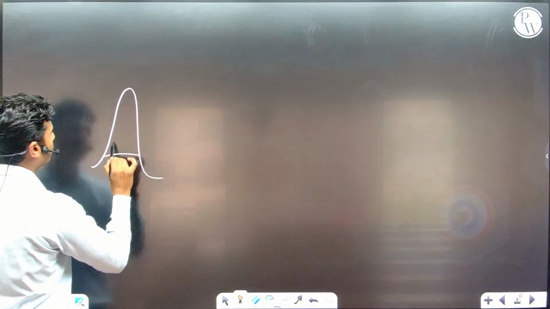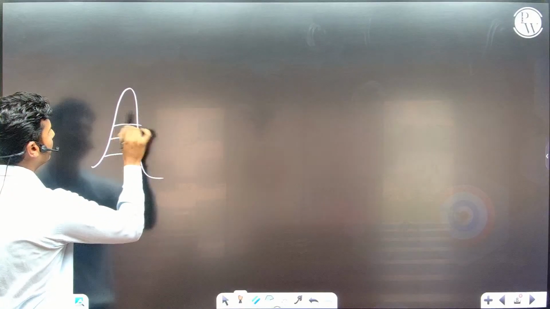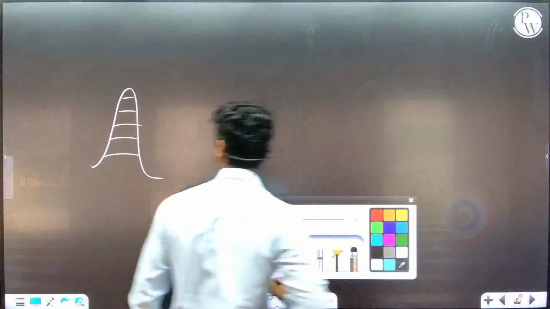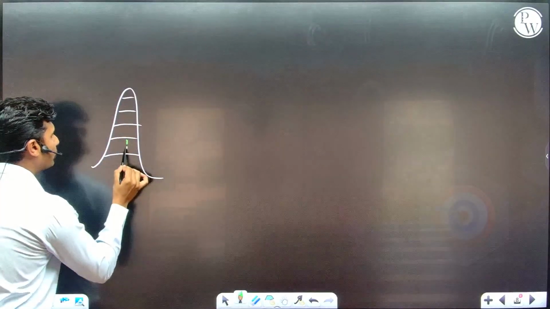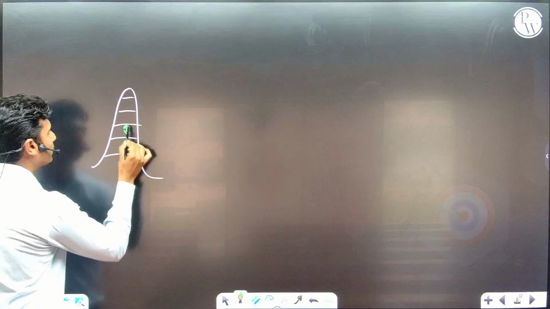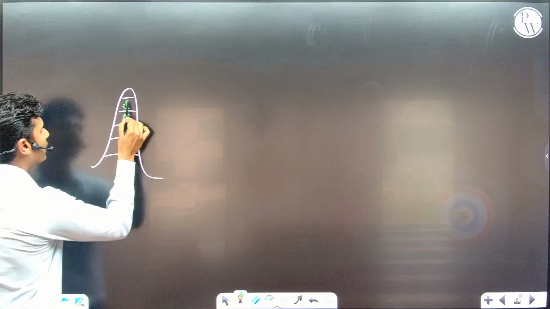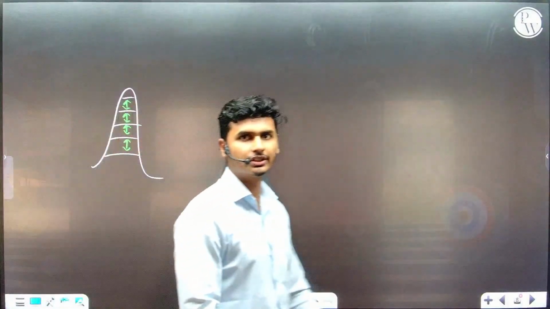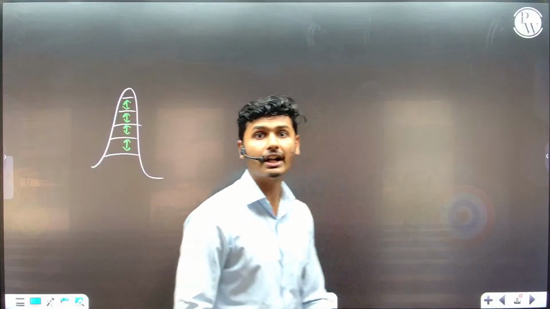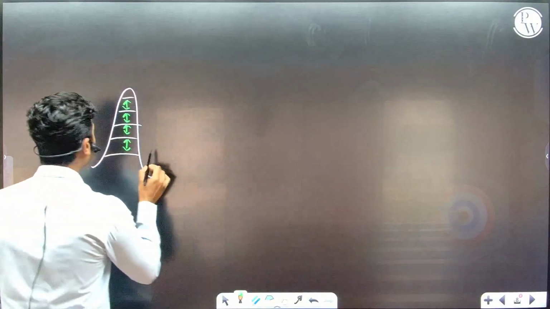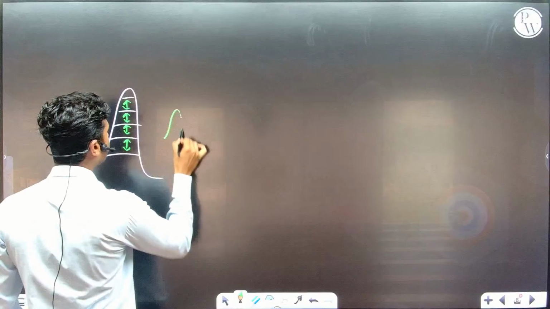For example, this is a stem. Stem has node, internode, node, internode, node, internode. Now this portion of internode starts to condense. After condensation, it becomes like this.